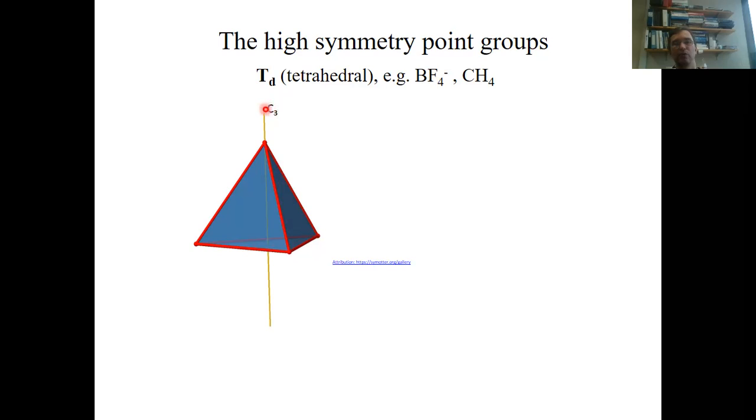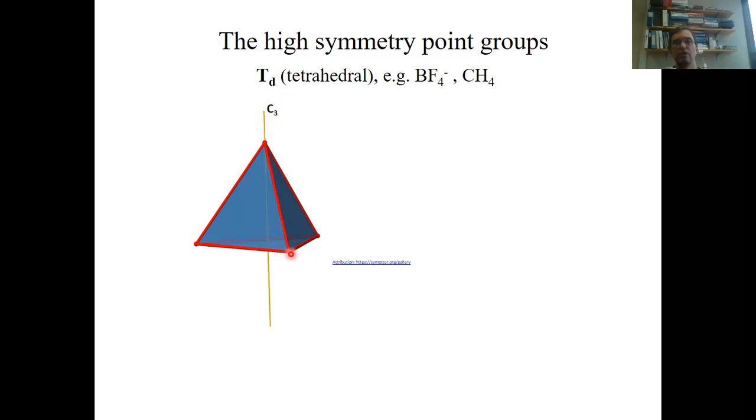You see one C3 axis here. The C3 axis goes through one corner, one vertex of the tetrahedron, and also one face. Now you can ask, how many C3 axes would you expect?